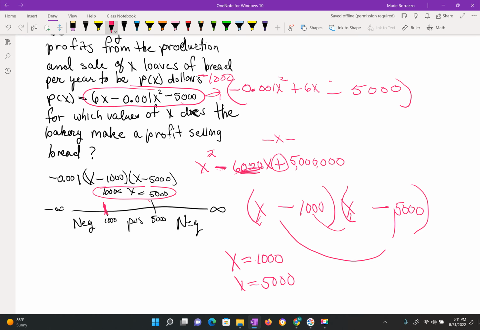Remember I said cutoffs. In here, we selected a number, let's select 2,000. Out here, we select something less, and up here something a little higher, let's say 6,000. Over here, technically I could choose 0, to keep my life simple. Just plug them in and do the math straight up.